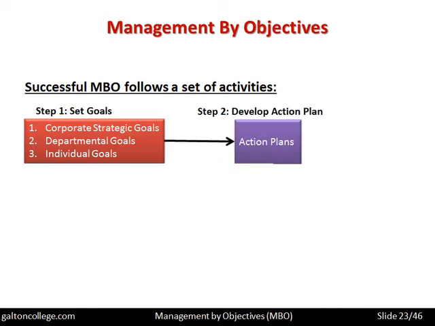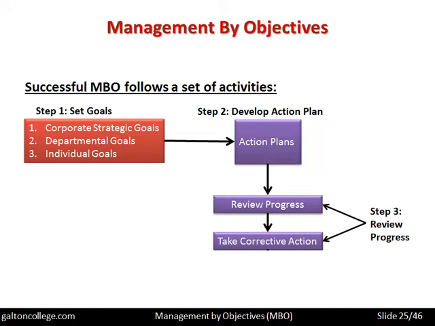And having set the goals, develop an action plan. How will these goals be achieved? What's the way in which the organization can develop mechanisms and processes and routines that will help the attainment of these goals? And then review the progress. There should be review systems in place, and these should occur on a regular basis.